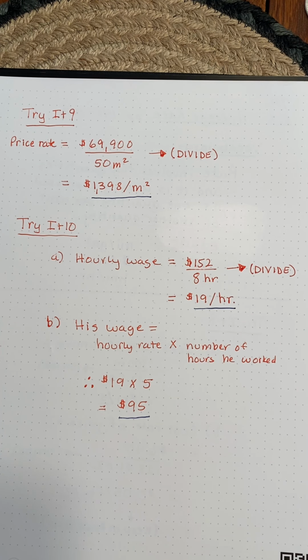Now what I was talking about just a short minute ago is sometimes you will be given the problem and it will sound like this. A worker is paid $152 for 8 hours of work. How much would he make for 5 hours? Well, see, they skipped this part. You have to remember to find out the rate to actually find out the 5 hour part.